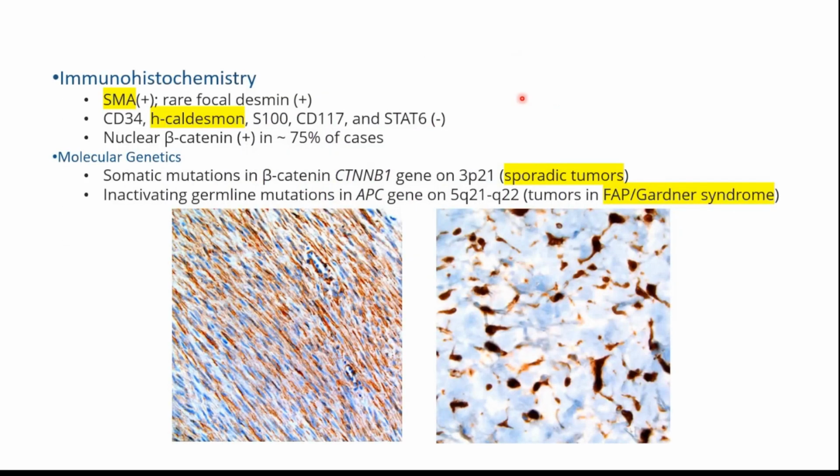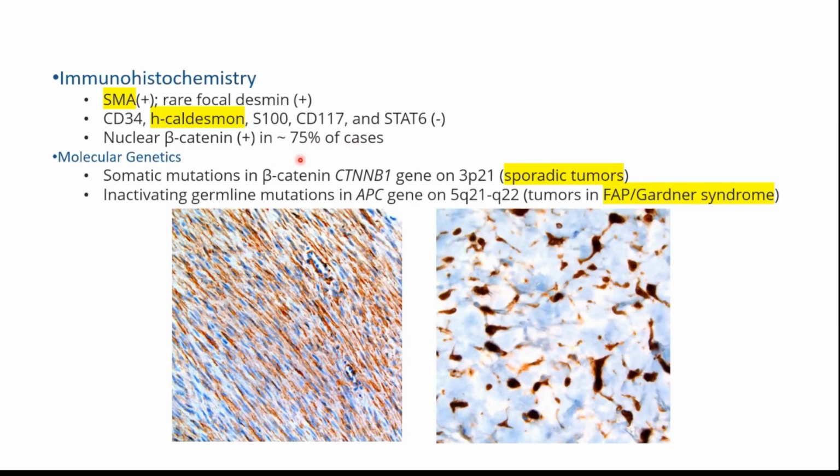And then for the immunostaining, because these are myofibroblasts, they are SMA positive, but rarely desmin positive, because desmin positivity should be true muscle differentiation, not just myofibroblast. And for the other differentials, CD34 negative, H-caldesmon negative, STAT6 negative, because STAT6 is for SFT. And then the more specific immunostain is nuclear beta-catenin, positive in around 75% of cases.